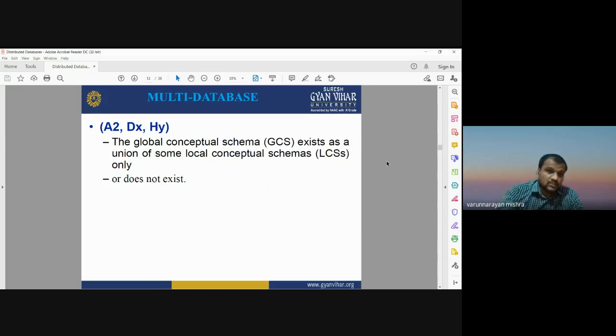The global conceptual schema also has local conceptual schemas, that is local data sets stored at a local computer or local network. So under multi-database, we need to include the global conceptual schema as well as the local conceptual schemas for designing a distributed database management system. It is indicated by A-2, D-x, H-y, the architectural design that represents the multi-database management system.